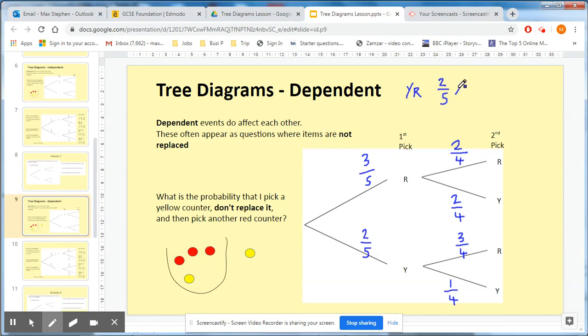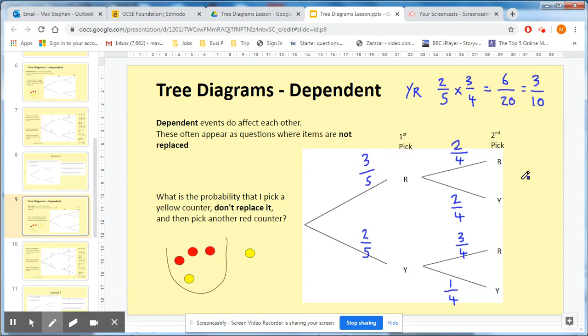I'm going to multiply that by 3 out of 4. So multiply across the top, it's going to give me 6, and the bottom is going to give me 20. So 6 out of 20. If I wanted to simplify that, just halve both. It's going to give me 3/10.